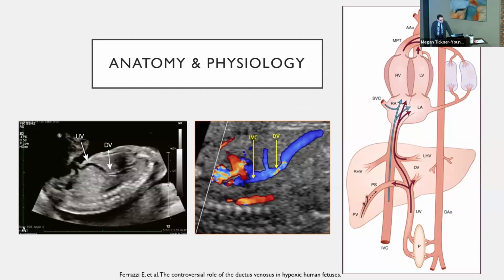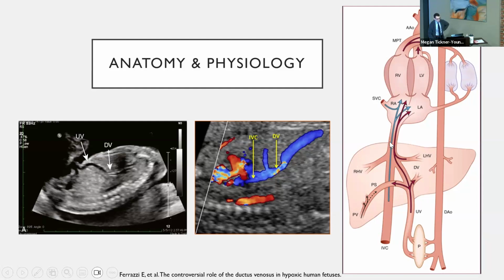The ductus venosus connects the umbilical vein to the inferior vena cava. It directs oxygenated blood from the umbilical vein towards the heart, and it actually regulates this. You can see here on the right two streams of blood flow, one from the intra-abdominal IVC and one from the ductus venosus. Blood entering the ductus venosus undergoes significant acceleration and a relative separation of flow between blood from the abdominal IVC.